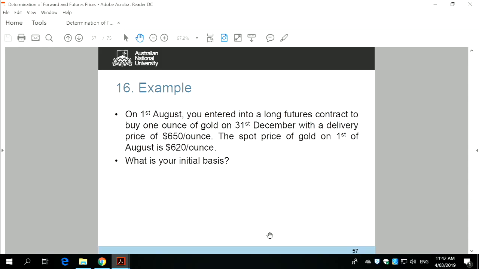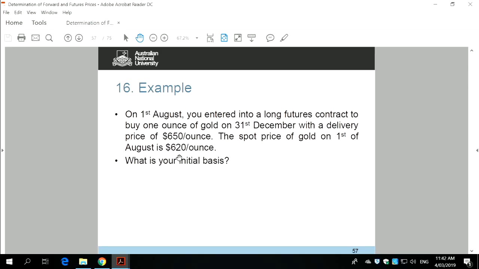All right, the example says, on 1st August, you entered into a long futures contract to buy 1 ounce of gold on 31st December, all right? With a delivery price of $650 per ounce. And the spot price on 1st August is $620 per ounce.